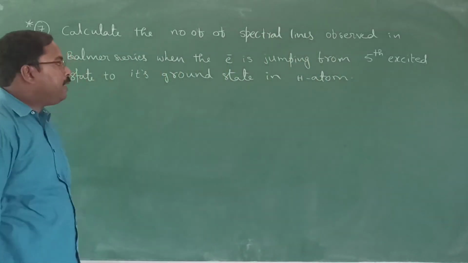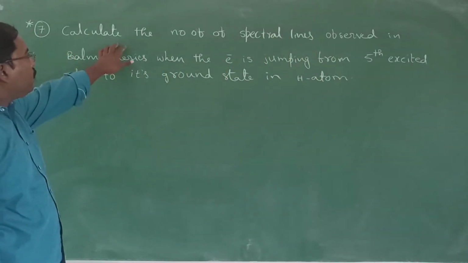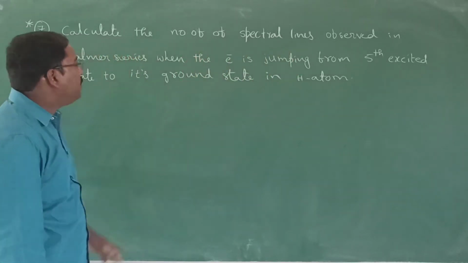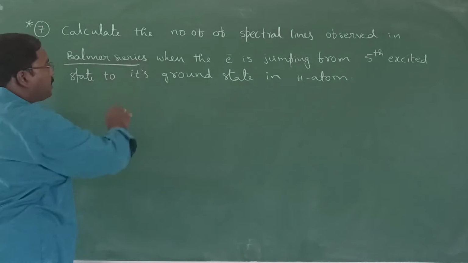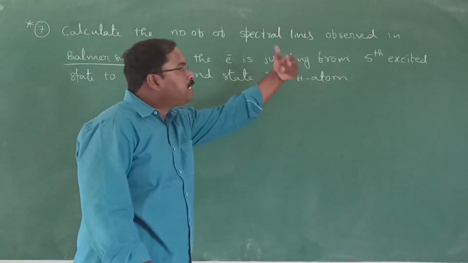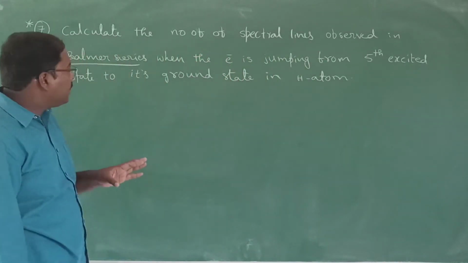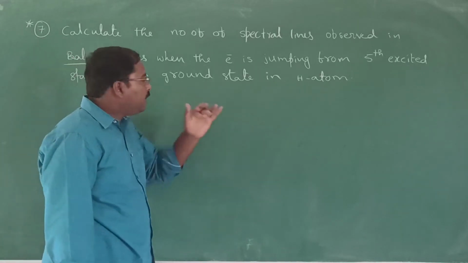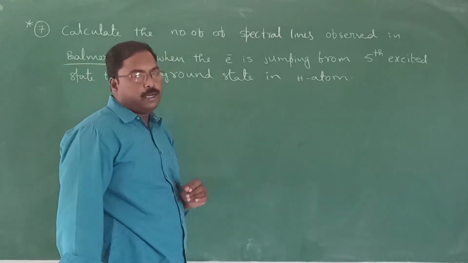Okay, so whatever the atom may be, look at the question carefully. It asks to calculate the number of spectral lines observed in Balmer series, and the electron is jumping from fifth excited state to ground state. As we know, the ground state of hydrogen atom is the first orbit.